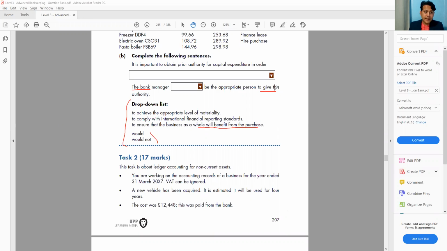The bank manager would not be the appropriate person to give the authority, so here it will be the third option. The bank manager doesn't have any idea about your company, so he will not be the right person to advise you whether to buy this asset or not. All right, let's move on to the next.